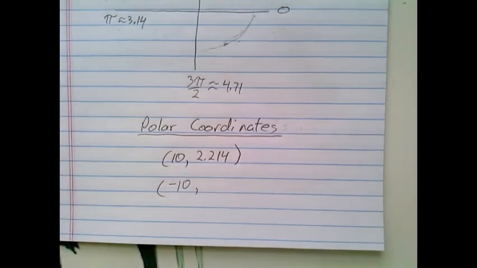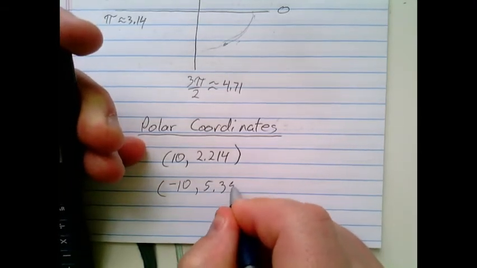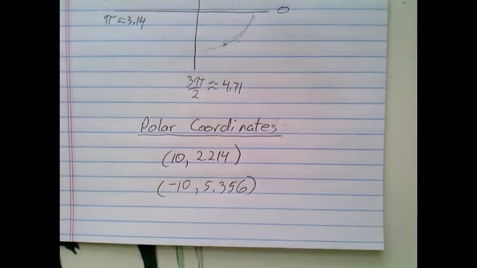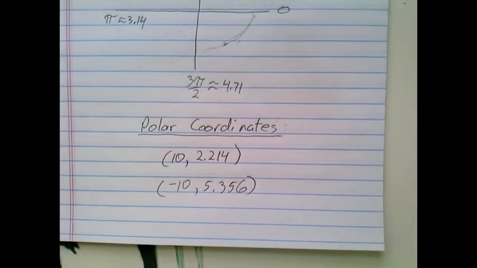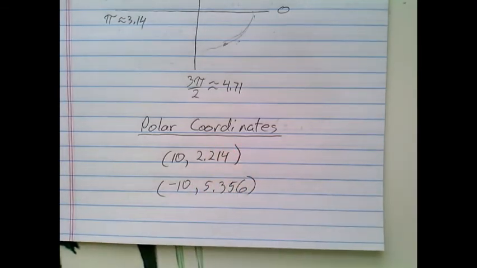So that was 5.356. So there's my two forms of polar coordinates that use theta values between 0 and 2 pi, which is what the problem asked for.